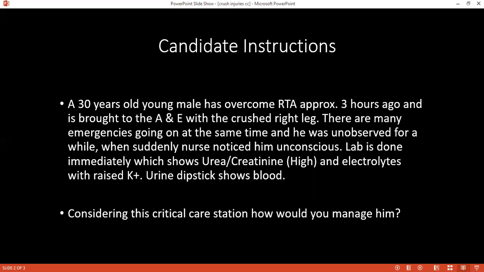Is there any change, or is the patient unconscious further? Then I have to do an ECG, and we can send bloods, full blood count, and cross match for blood.